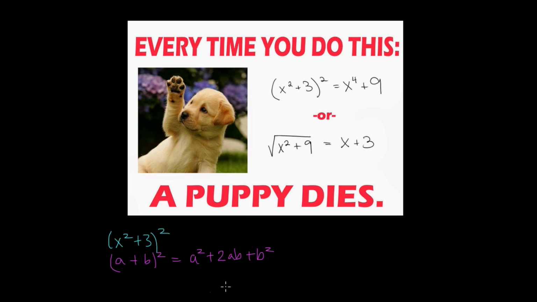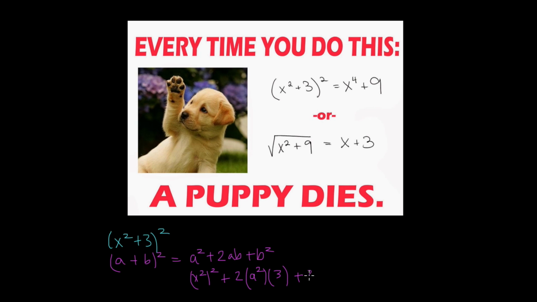If I were to substitute that for this, my a is x squared. So a squared would be (x squared) the whole squared, plus 2 times my a, which is x squared, and my b is 3, so 2 times x squared times 3, plus my b squared, 3 squared.